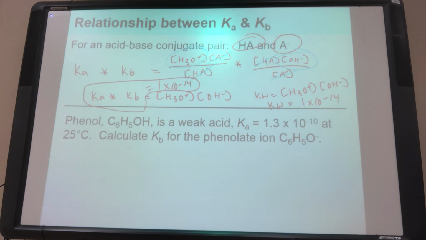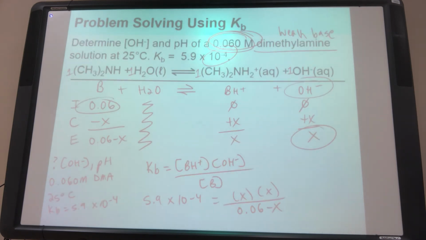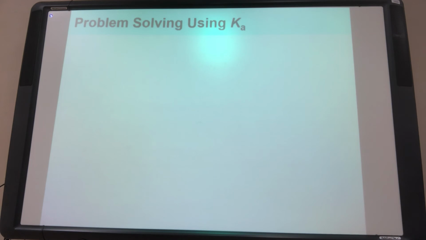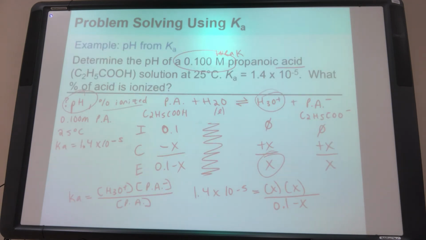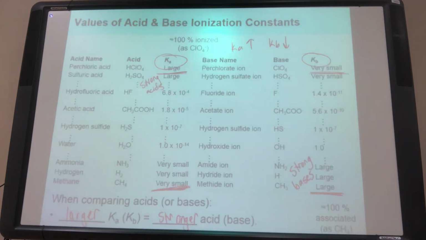Depending on what type of reaction you're doing, you might want the Ka or the Kb. When we were doing these, if I'm trying to find the OH-, I had to have Kb. If I'm trying to find the pH and the H3O+, I need the Ka. So it has to match, and sometimes you need to be able to convert from one to the other.